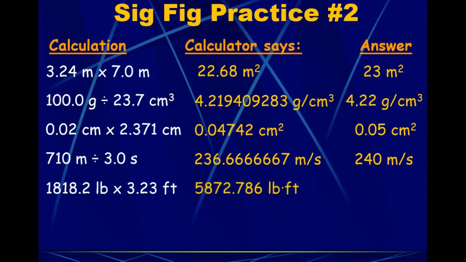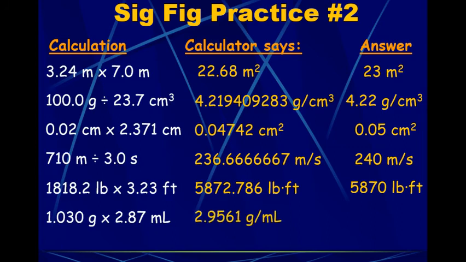So this last step that's going to be brand new to you is rounding your answer to the correct number of significant figures. Now notice this last problem needs to be rounded to 3 significant figures, but there's 4 digits. Well, how I would do that would be leave a decimal point off, and 5870 has 3 significant figures. This one needs to be rounded to 3 significant figures also.